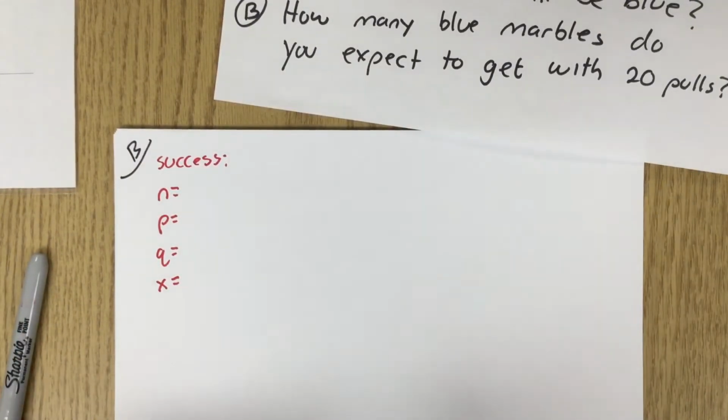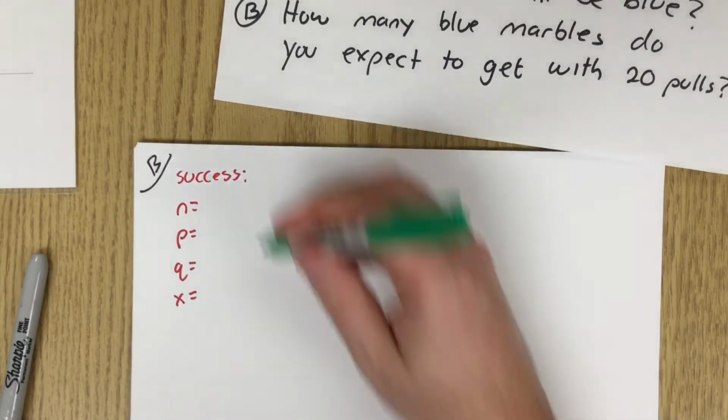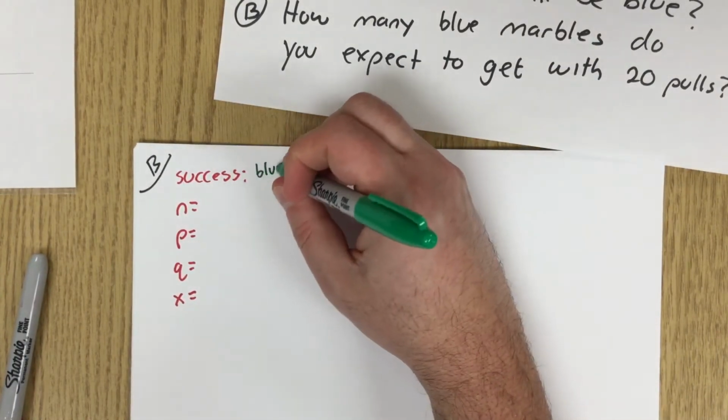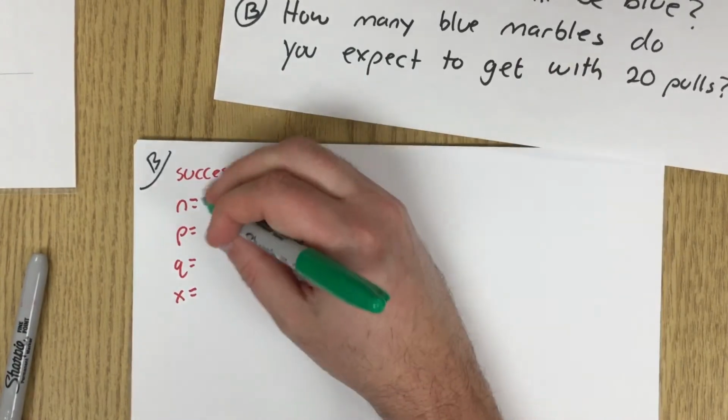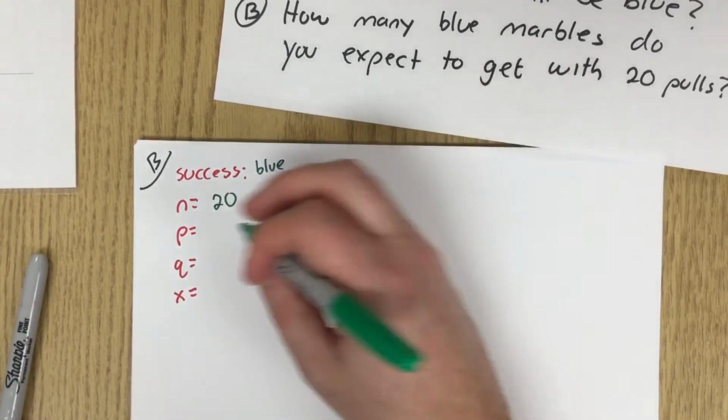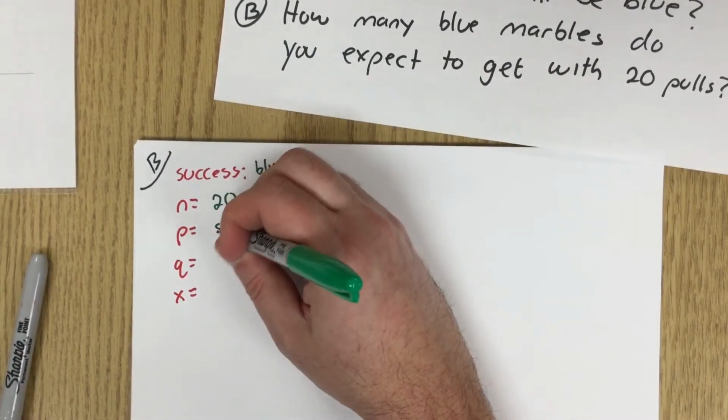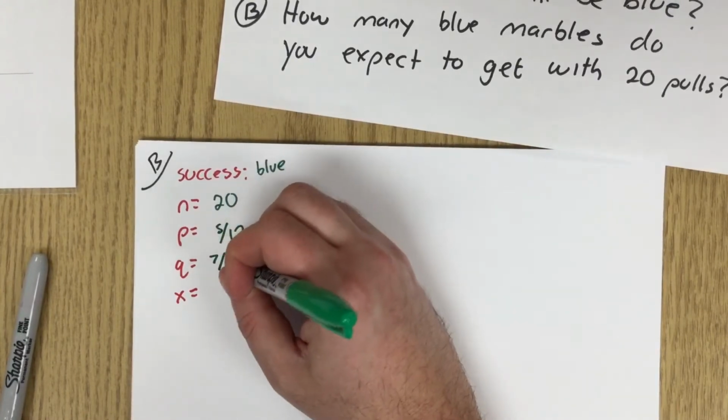So what we say is that success is going to be a blue, again, that hasn't changed at all. We still have 20 trials. Probability of success is still 5 out of 12. This is still 7 out of 12.